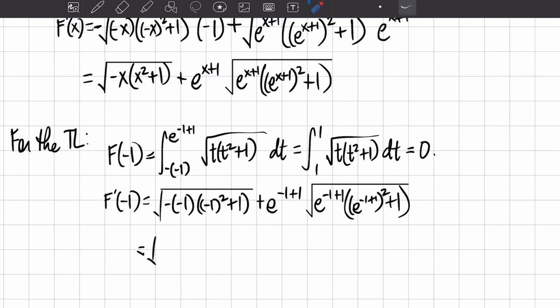This one here would be positive 1 times 1 squared plus 1, which should be equal to 2.